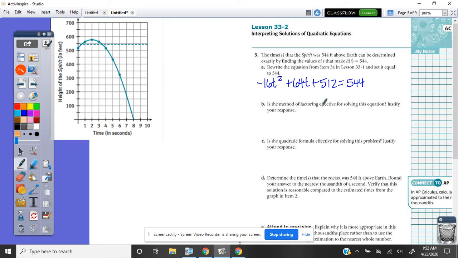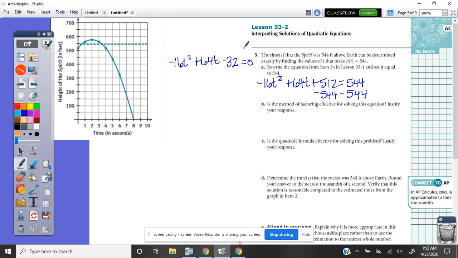Okay, is the method of factoring effective for solving this equation? Well, can we factor it? What do you have to do before you can factor it? First, I've got to get it equal to 0. So I need to subtract the 544. So we have negative 16t squared plus 64t minus 32.